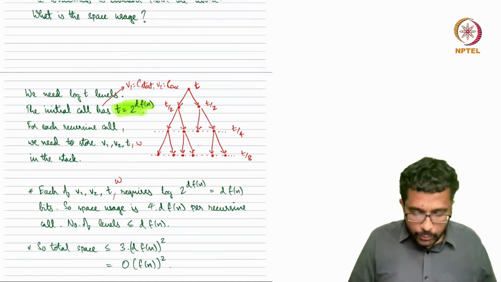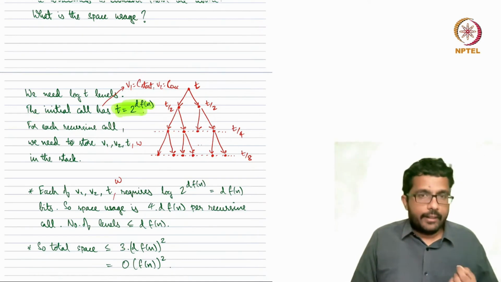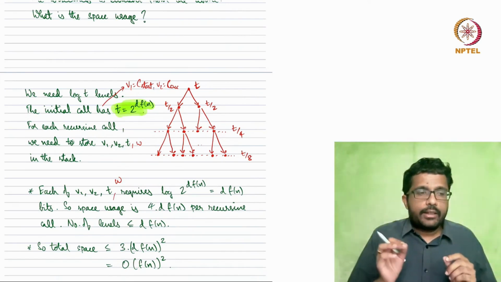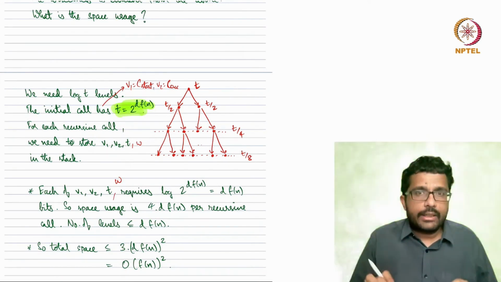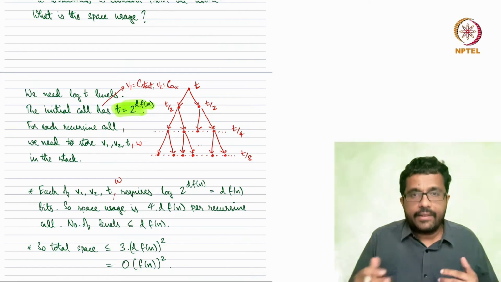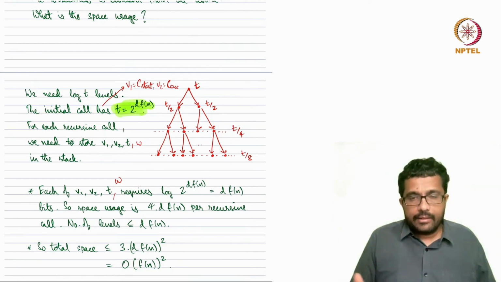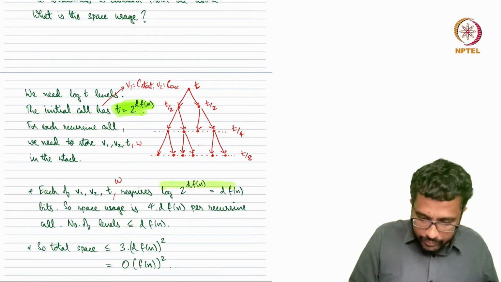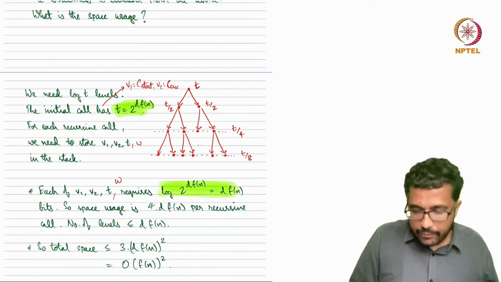Let's see how. v1, v2, and w are vertices. We know there are 2 power d fn vertices. So the label associated with each vertex requires d fn bits of space.